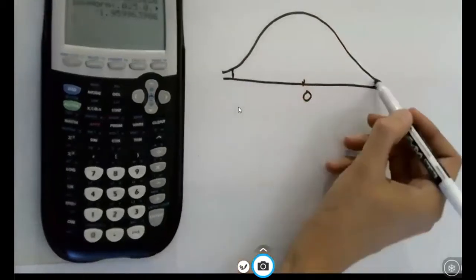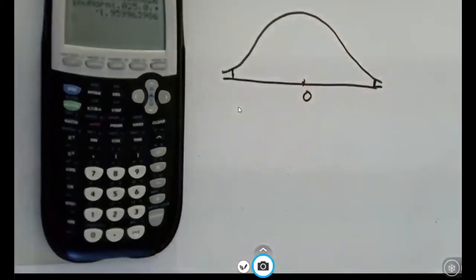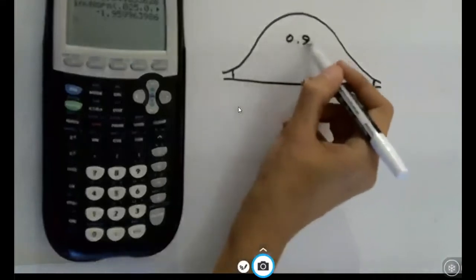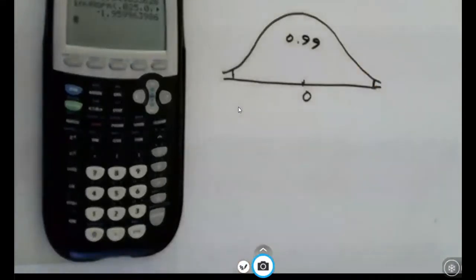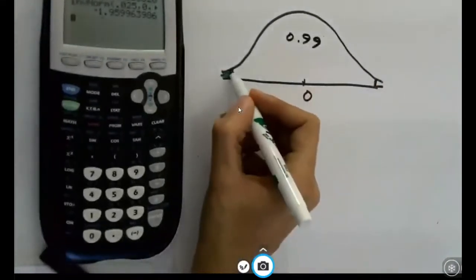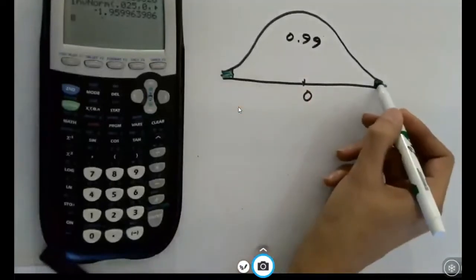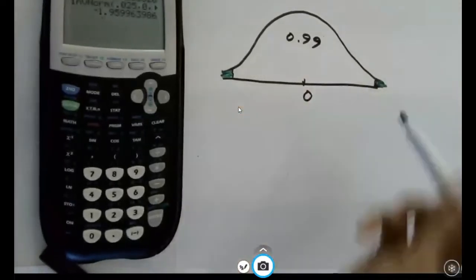This is a very small area, so here you have 99%, and here you have 1% divided by 2, 1% divided by 2.